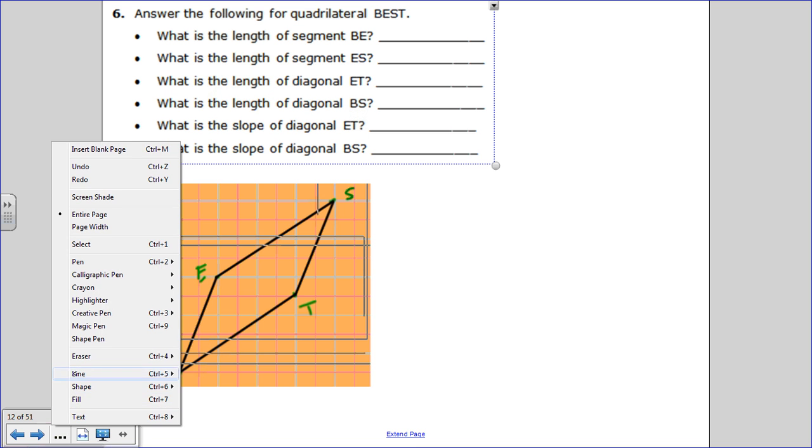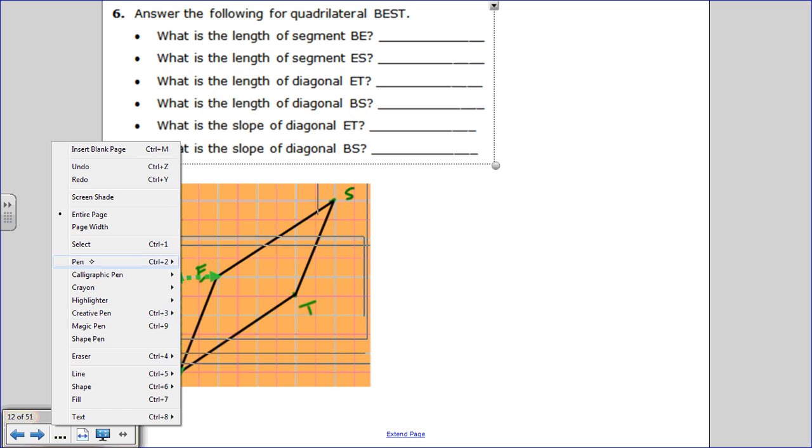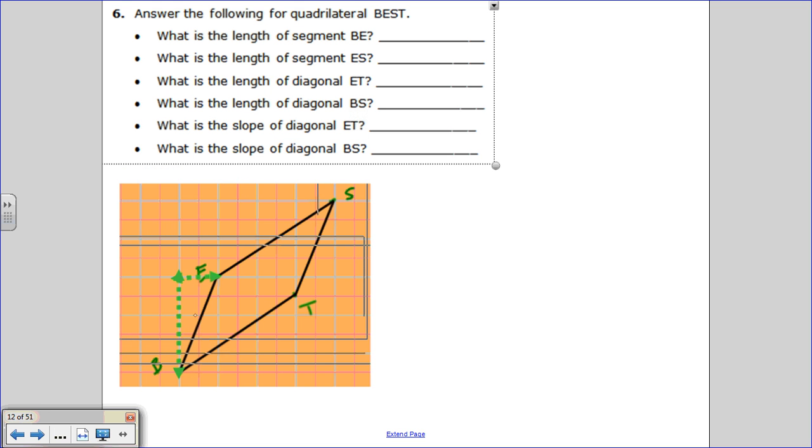So again, we're going to use Pythagorean's theorem to form right triangles. So to get from B to E, I need to go upwards and over. And I went up 1, 2, 3, 4, 5, and over 2.